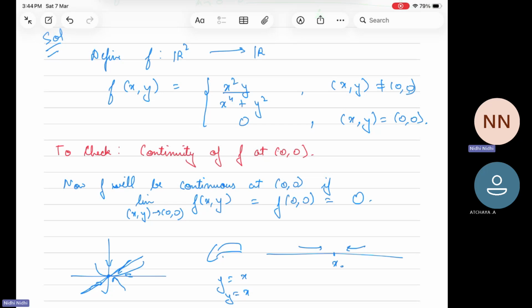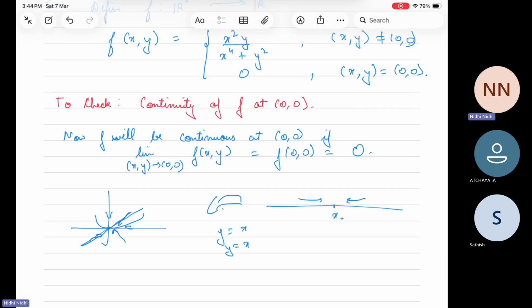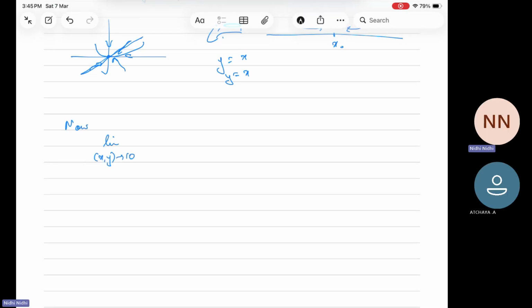So for (x, y) tending to (0, 0), that means the points (x, y) are not exactly equal to 0, the limit of f(x, y) is equal to the limit as (x, y) goes to (0, 0) of x squared y upon x to the power 4 plus y squared.